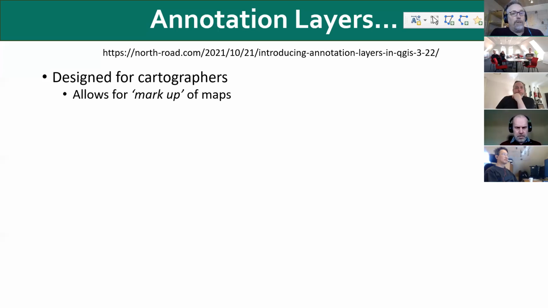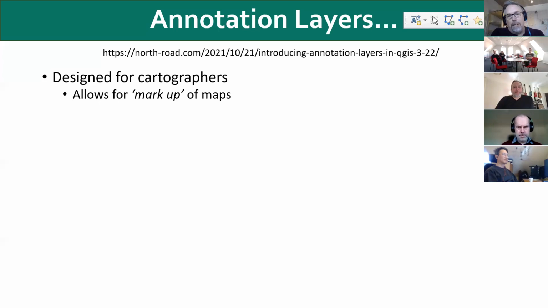Either that or go into the print composer and add shapes and text to the print composition, but you get the same issue there that you do in ArcMap. If you add something to the print composition, it's not georeferenced. And so if you end up changing the map extent or changing the map scale, those print layout annotations don't move with the map. So they're not really scalable, not very useful.